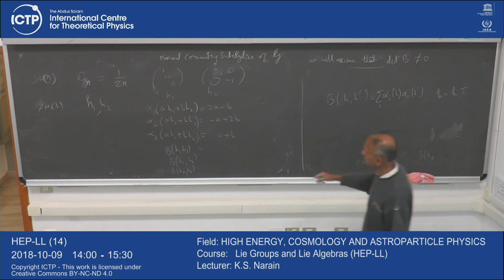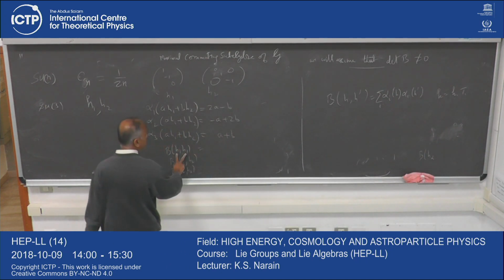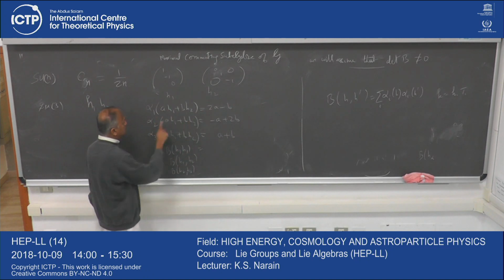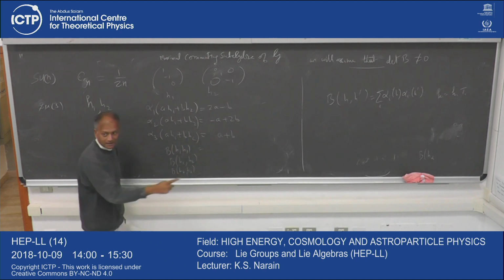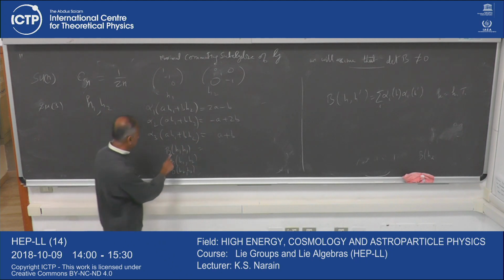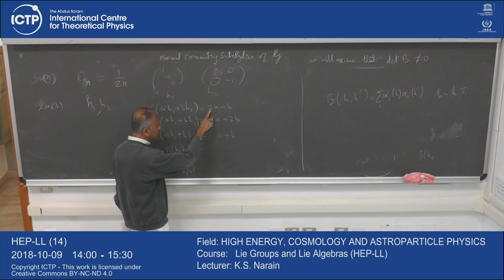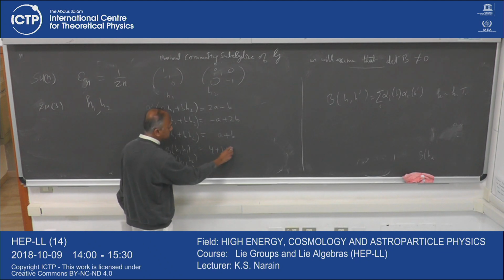So we can immediately check. If I look at H1, alpha 1 of H1 is simply 2, alpha 2 of H1 is -1, and alpha 3 of H1 is +1, right? So now we have alpha of H1 times alpha of H1, summed over all roots. This will be 2 squared, so 4. This is -1 squared, so +1. And this is again +1 squared, which is +1.